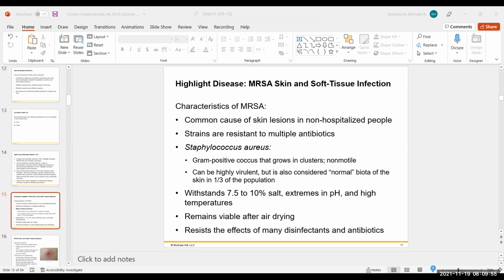If the folliculitis now starts to get deeper into the dermis, you now have a so-called furuncle. A furuncle. So now you have dermal involvement. If you have several furuncles close together, and especially if they fuse, then you have a carbuncle.